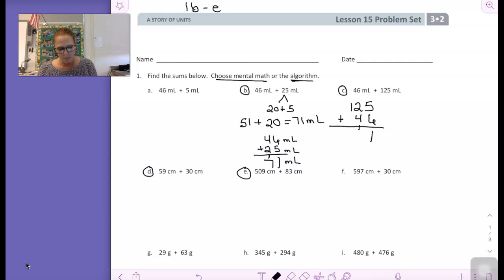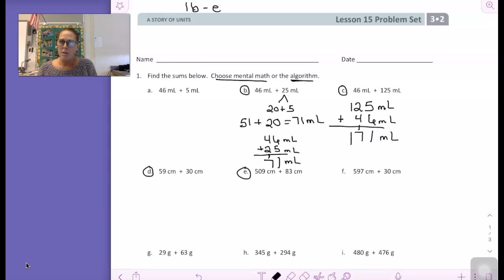We have 20 plus 40 plus 10, which equals 70. We're already in the tens place. And then we have 100 plus nothing down below. So that would be 100. And again, this is all milliliters. We want to remember our labels.